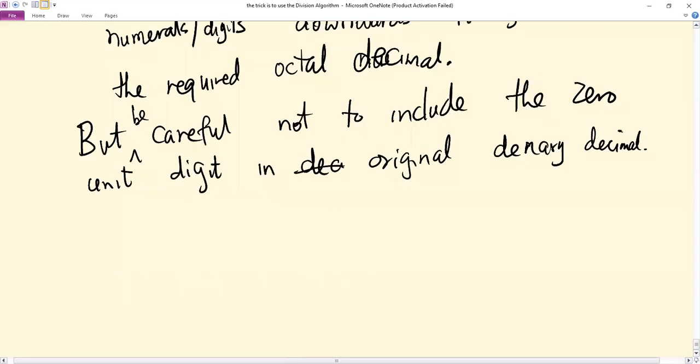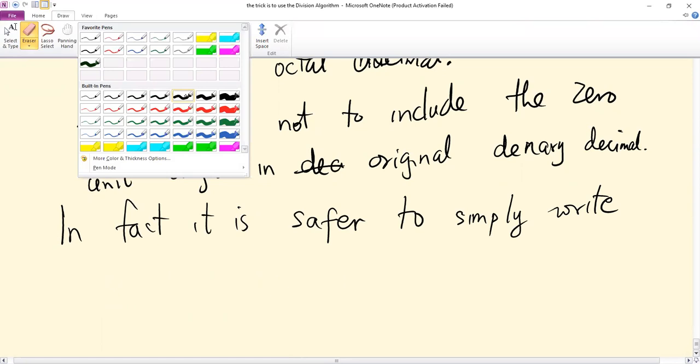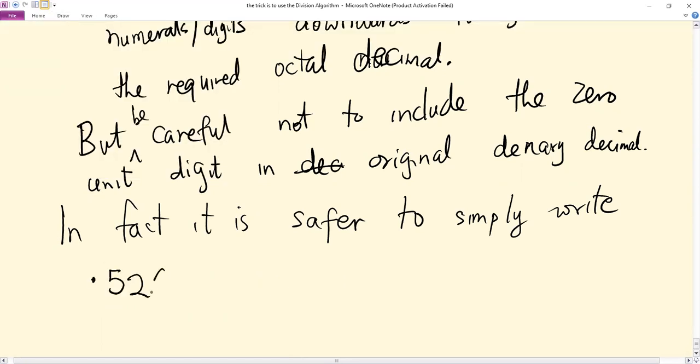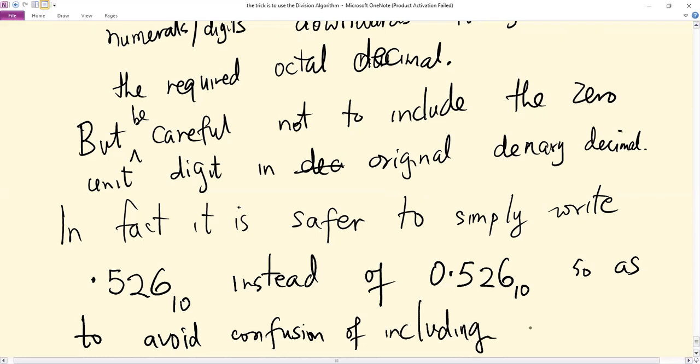In fact, it is safer to simply write .526 to base 10 instead of 0.526 to base 10, so as to avoid confusion of including 0.